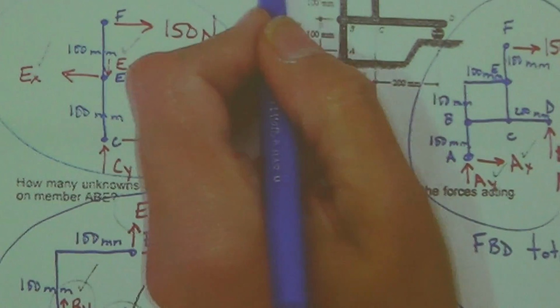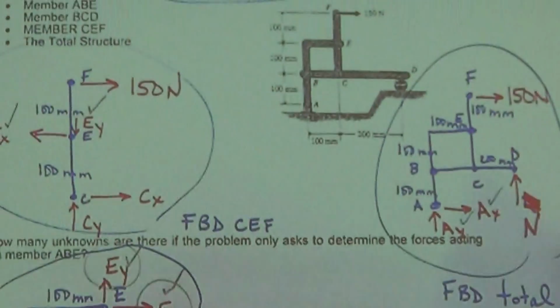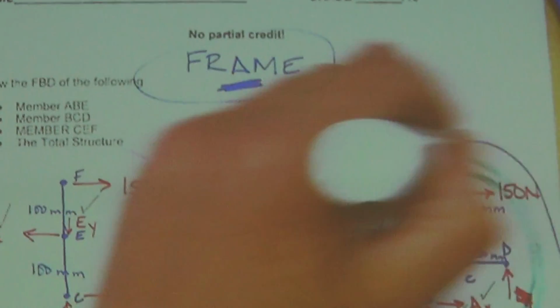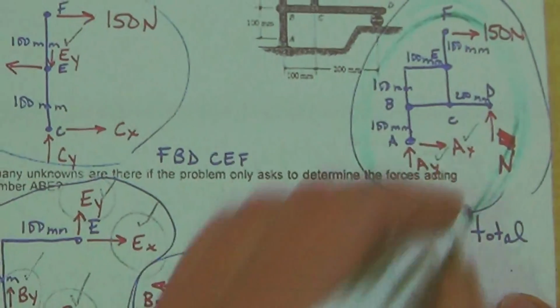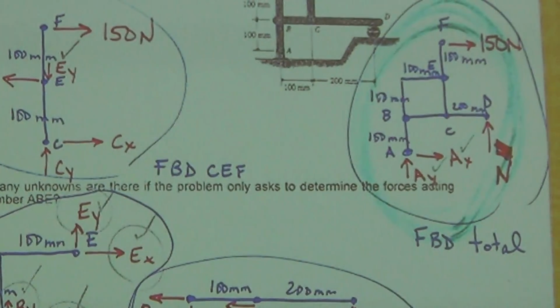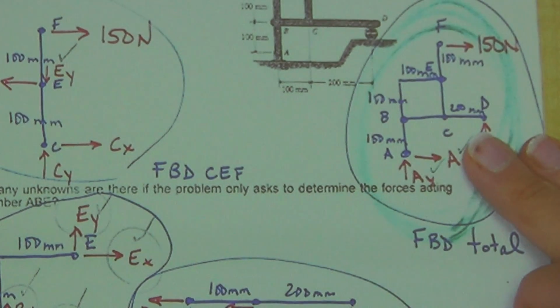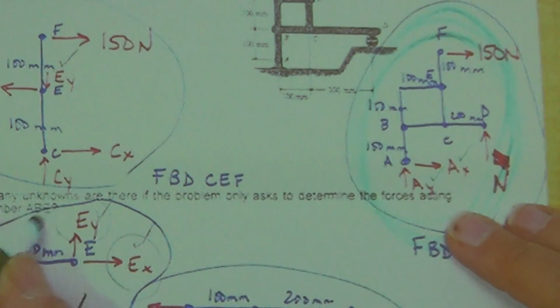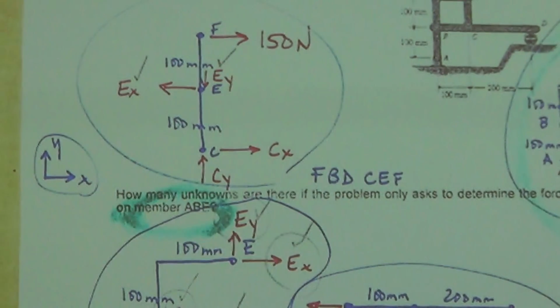So we're looking at doing a frame problem here. And typically on a frame problem, you want to draw a free body diagram of the total structure. You should write this down.